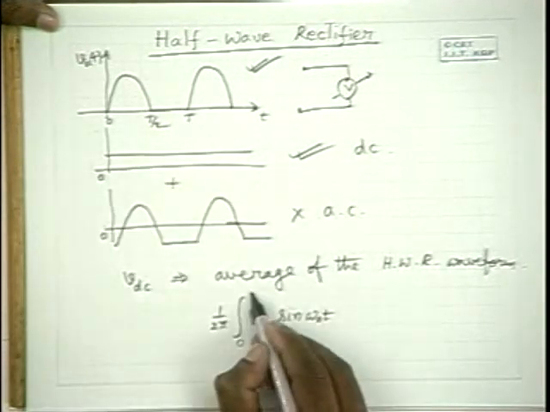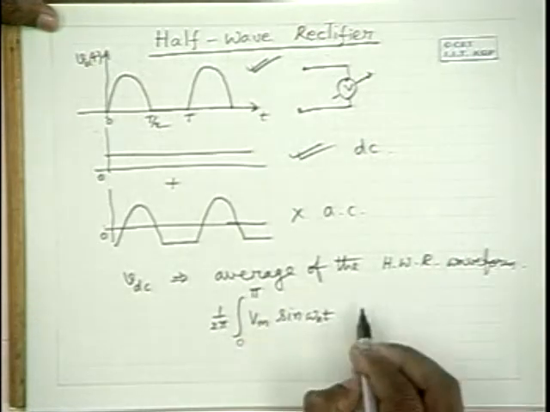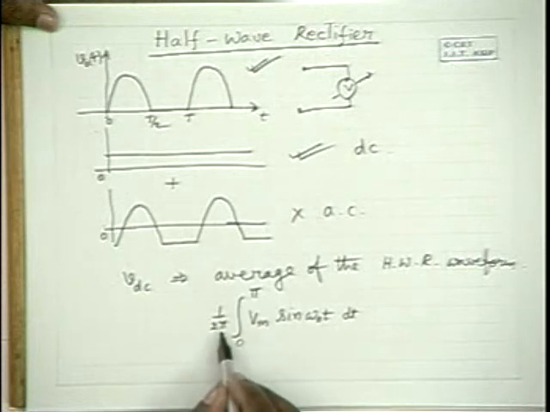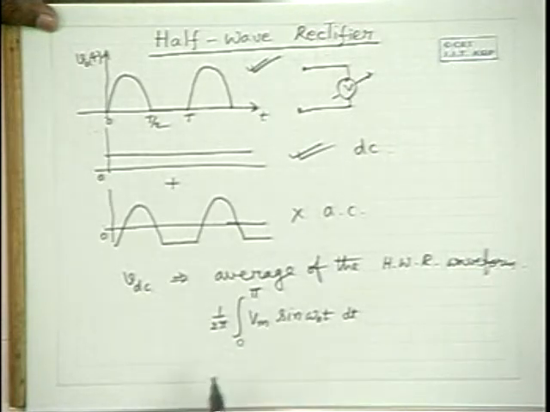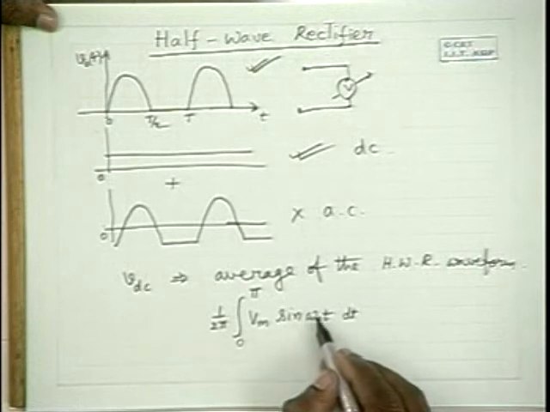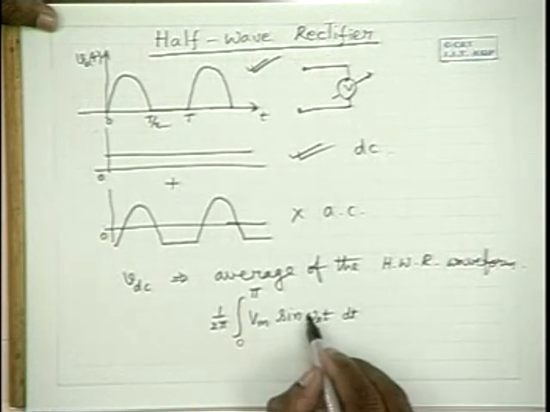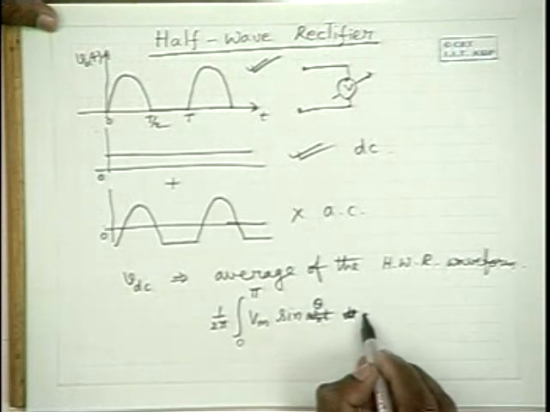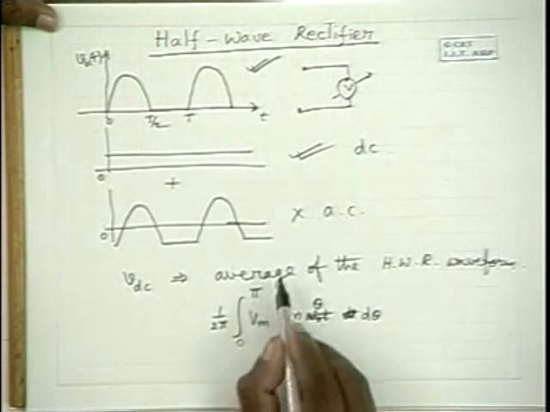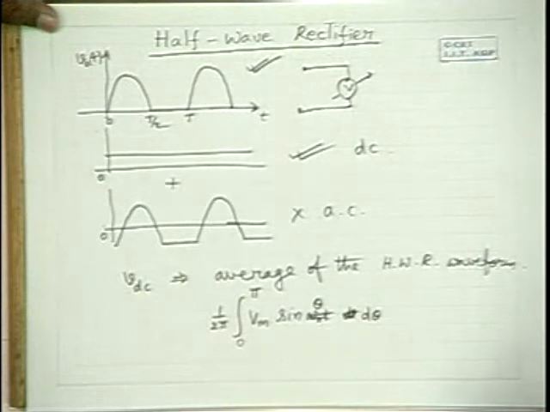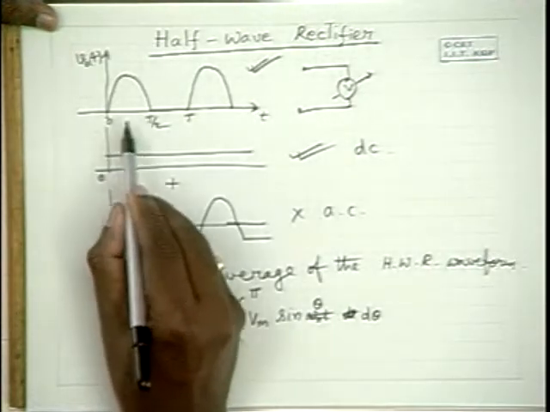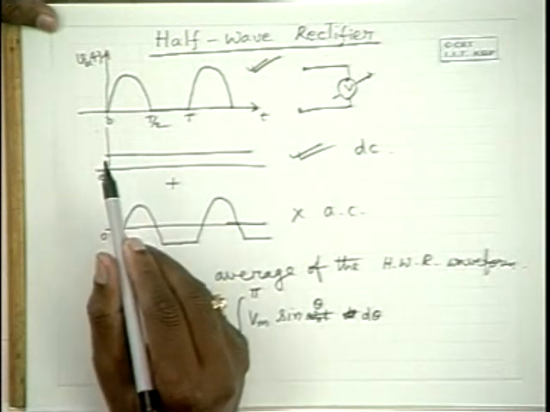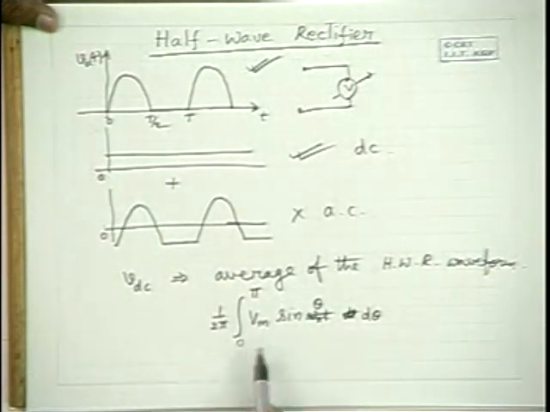So we will be integrating from 0 to pi, with 1 by 2 pi in front. There is a problem here. If I integrate sin theta with respect to theta, the integration is from 0 to pi. If it is with respect to time, I have to integrate from 0 to T by 2. It is one and the same. Therefore, the integration is this.